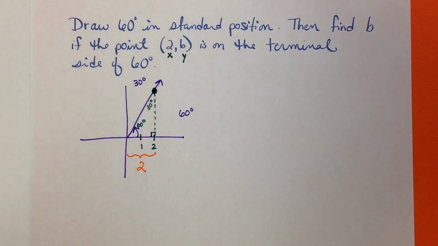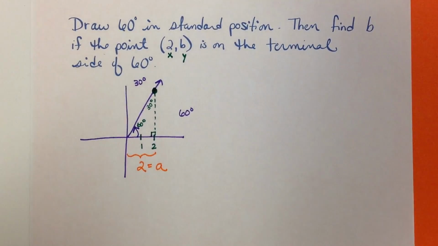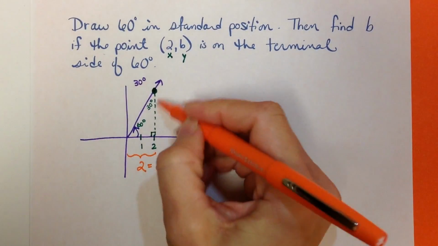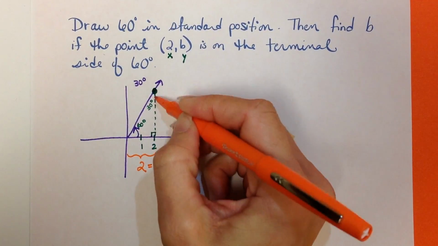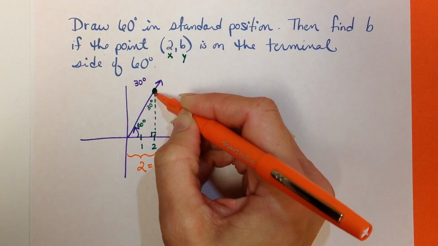Okay, if you remember the ratios that we had, the shortest side is A. If I want to know the value of B, that means I need to know how far up I need to go.